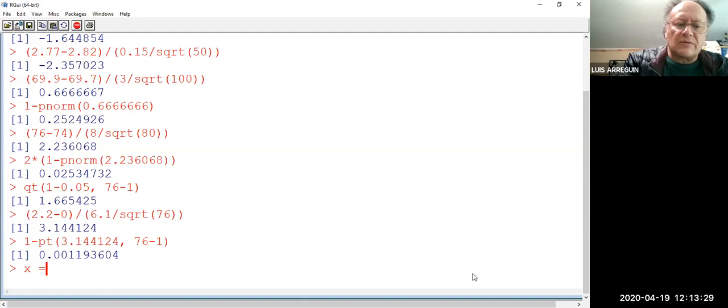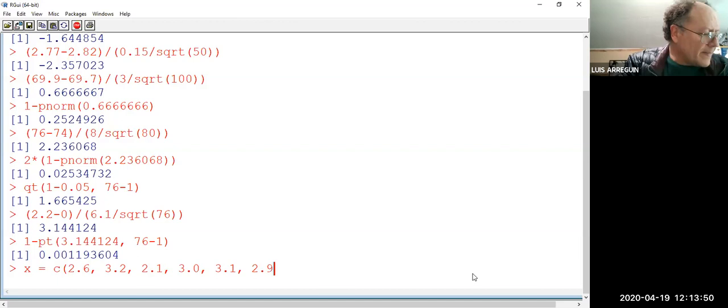So x equals c, 2.6, 3.2, 2.1, 3.0, 3.1, 2.9, and 3.7.